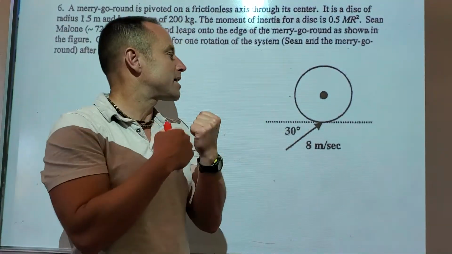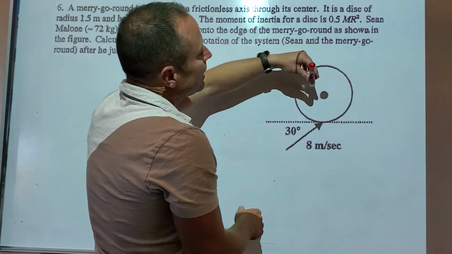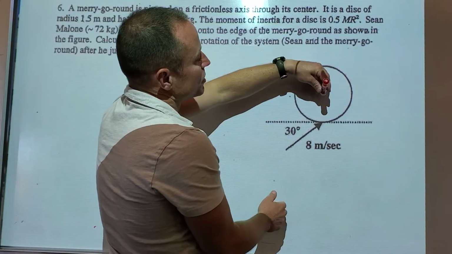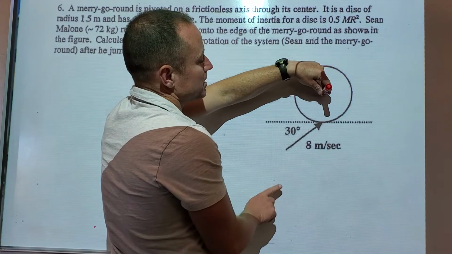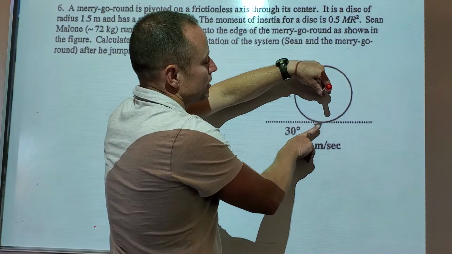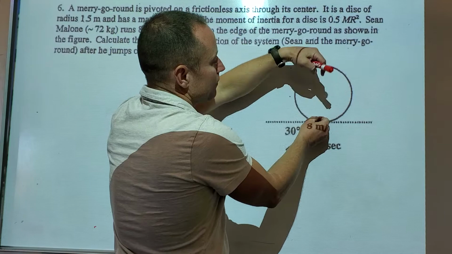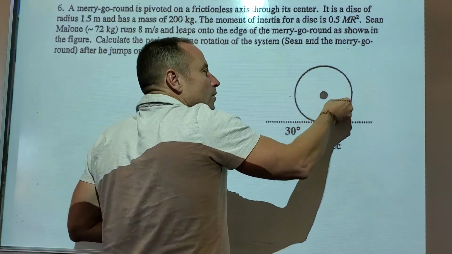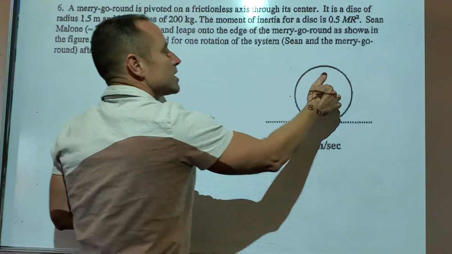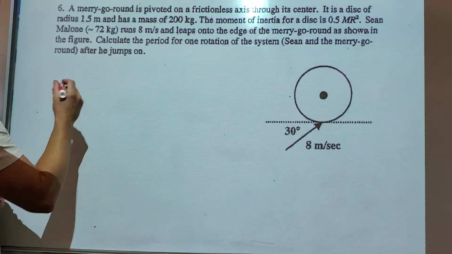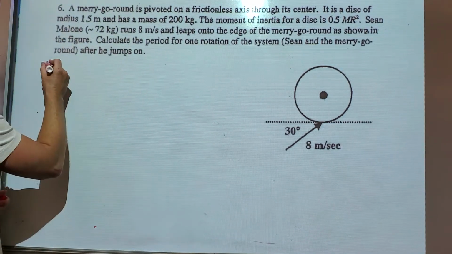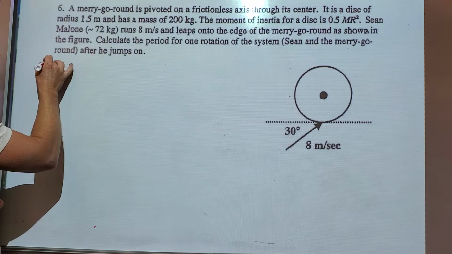When you have carts bashed together. The reason you don't do linear momentum here is there's actually an external force on the system from the axle. So Sean's going to come in and jump on. And if this thing were free to move, then yeah, the whole system would take off this way, but it's not able to. So we don't conserve linear momentum because there's an external force from the axle.